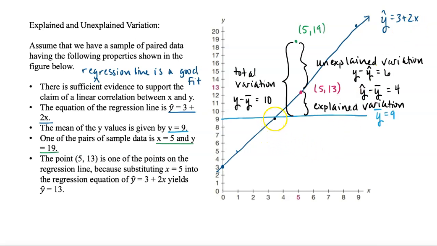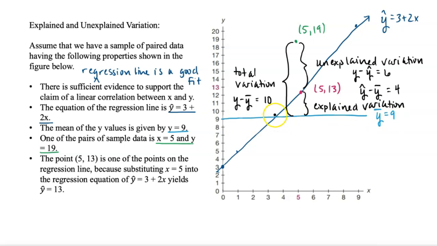There's only going to be one point where the y value of the regression line is equal to the y value of the mean of y values, right? Where we're passing through the line that we've created by setting y equal to the mean of y values.